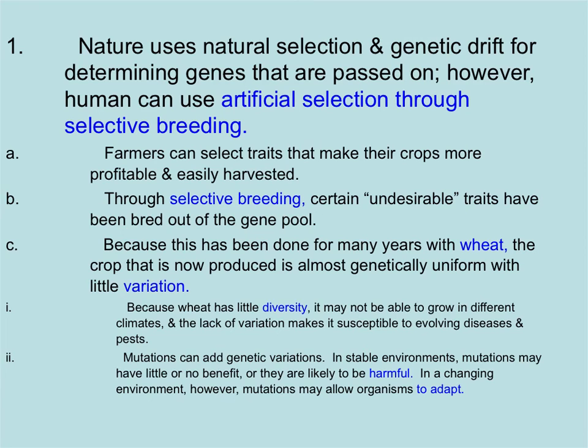But in a changing environment, that allows that particular species to have more variety, and so they're more likely to adapt. Doesn't necessarily mean they're going to adapt, but it gives them more options in adapting to a changing environment. So we see that they're most beneficial in a changing environment rather than a very stable and non-changing environment.